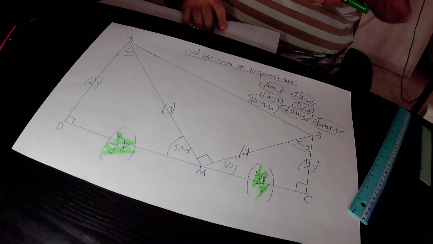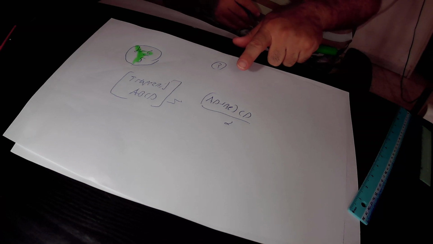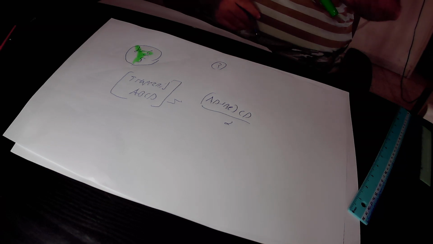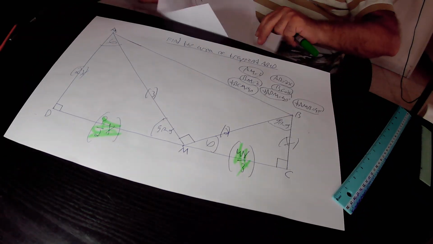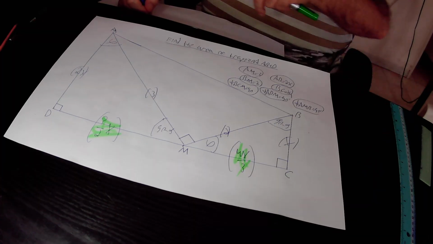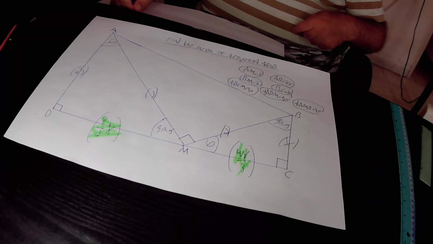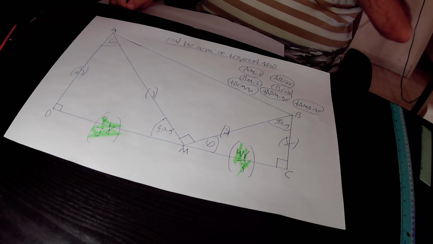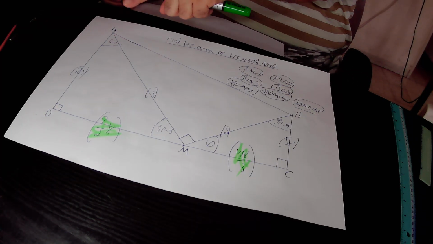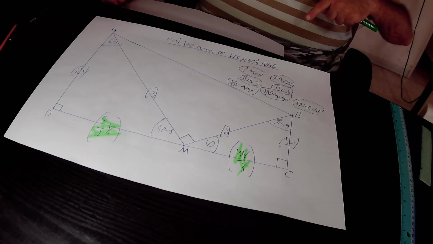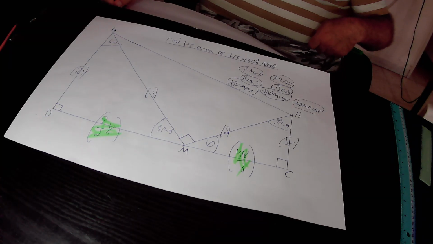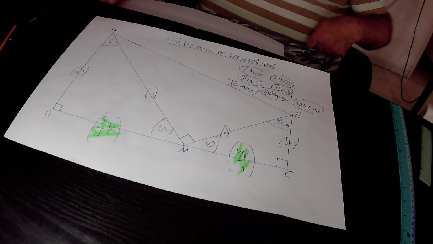So in total, the area of this trapezoid ABCD is equal to the sum of its two parallel bases, that is AD plus BC, times the height DC over 2. AD is 2x plus BC, BC is x, times the height DC. DC in total is 3x over 2 plus 4x over 3. So write it down: DC is 3x over 2 plus 4x over 3, all divided by 2.